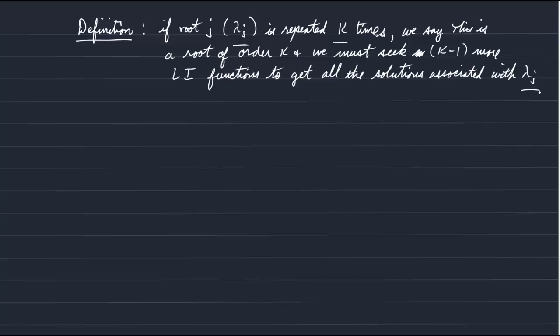If a root j is repeated k times, 2 or 3 times, for example, we say this is a root of order k, and we must seek k minus 1 more linearly independent functions, and these are different from e to the lambda jx to get the remaining solutions associated with this particular root.